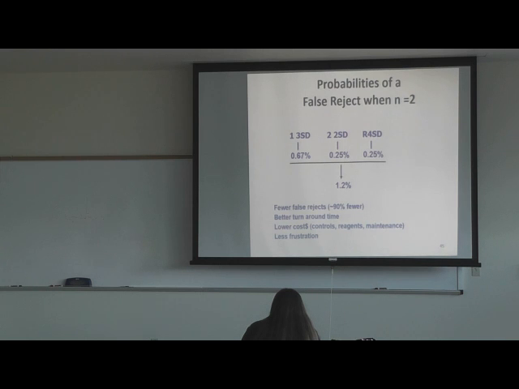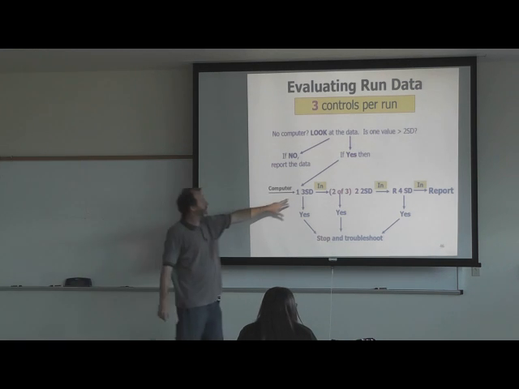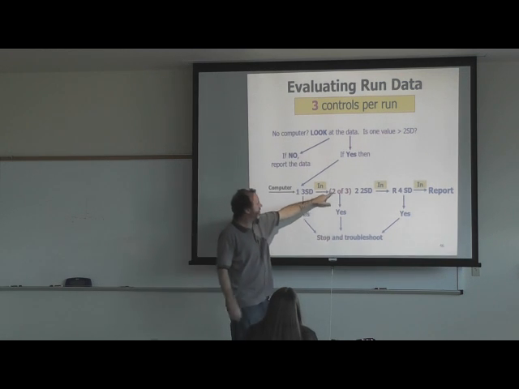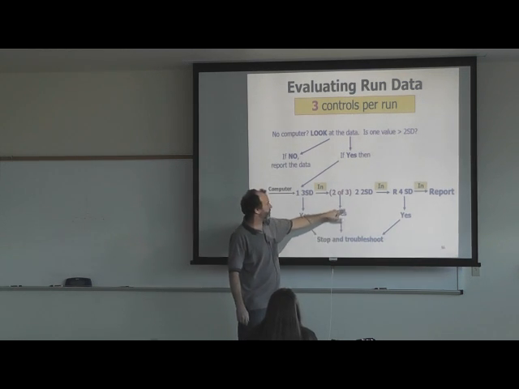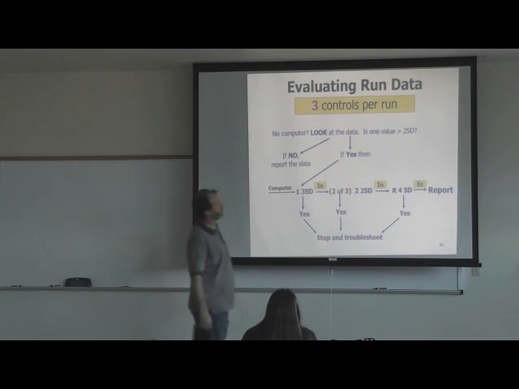But you can reduce that even further if you have 3 controls per run, and they have these rules. Again, you have 1 3SD, you're going to fail. If you have 2 of the 3, you stop and troubleshoot, or a 4SD, you stop and troubleshoot.